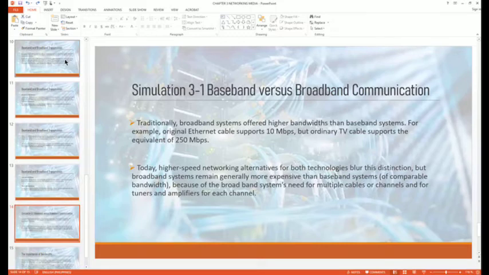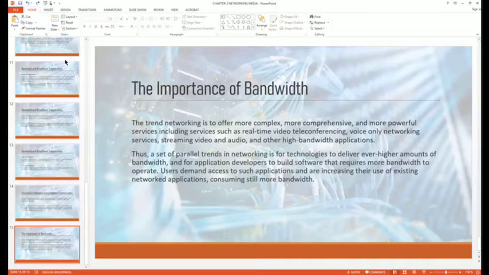Today, higher speed networking alternatives for both technologies blur the distinction. But broadband systems remain generally more expensive than baseband systems of comparable bandwidth because of the broadband systems' need for multiple cables or channels and for tuners and amplifiers for each channel.